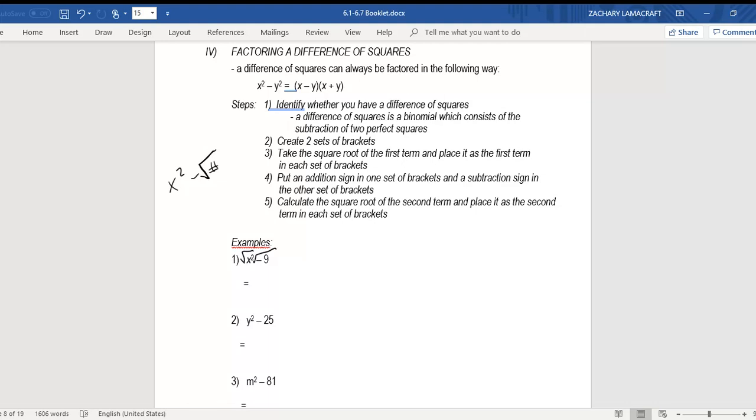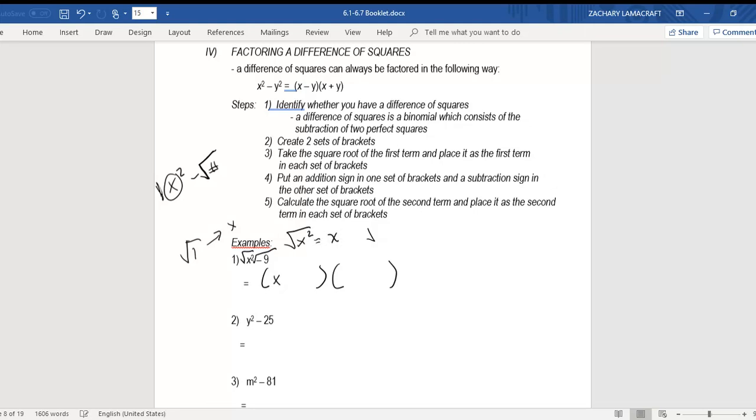So if we look at the first one, it's really easy when we just have something like this because it's a 1 and it's the square root of 1. Therefore, it would always just be x or 1. So in this case, we set up our two sets of brackets, and the square root of x squared is just x.